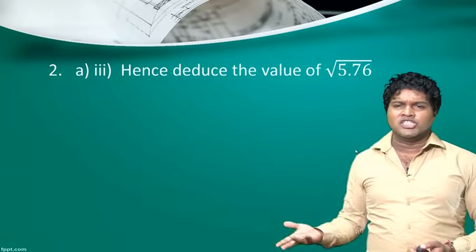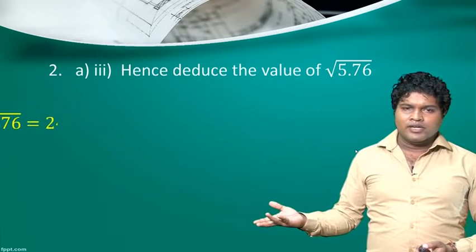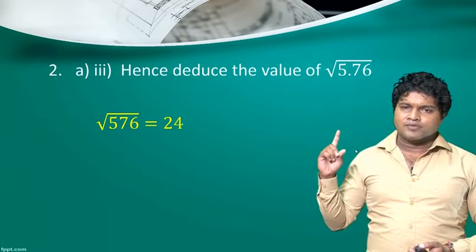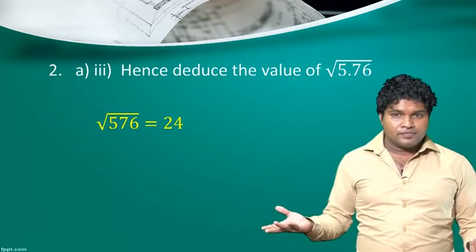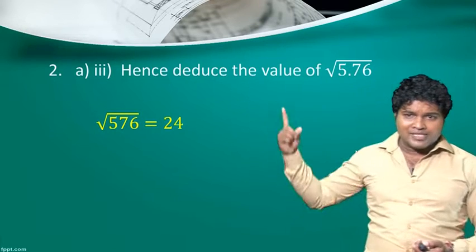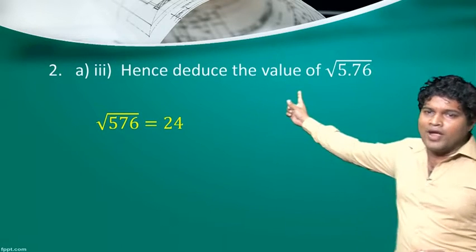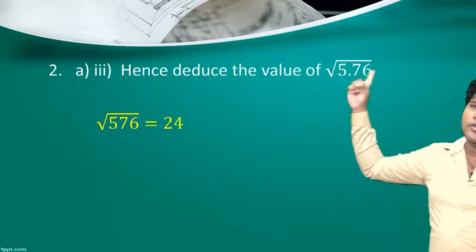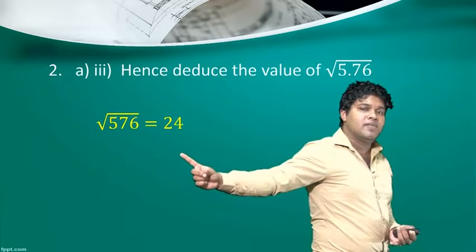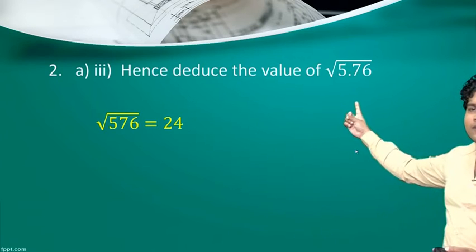What will be your decision? Yes, what we previously obtained: the square root of 576 is 24. With respect to this, you have to guess some value for 5.76. You know 576, but you have 5.76.